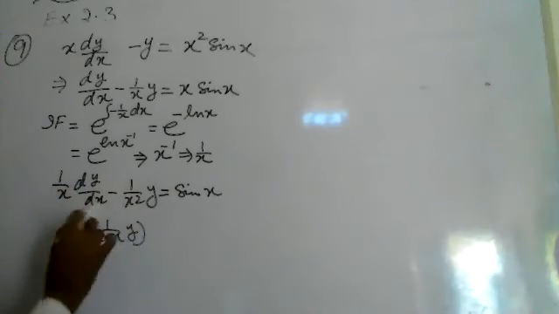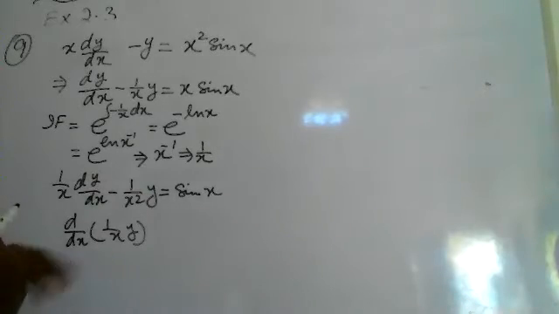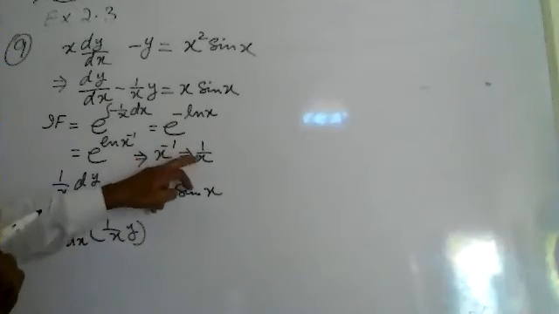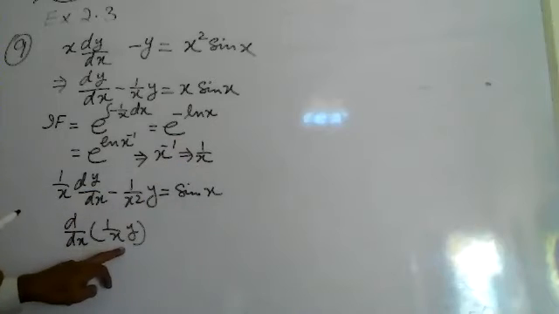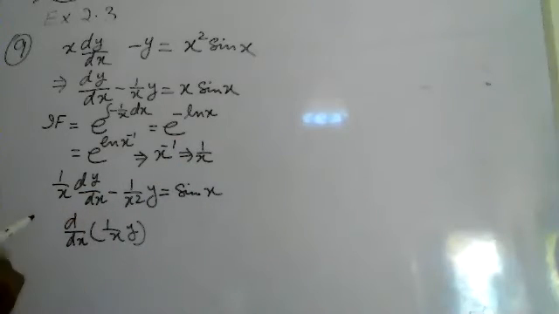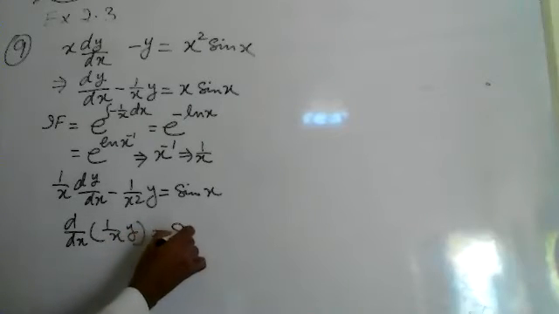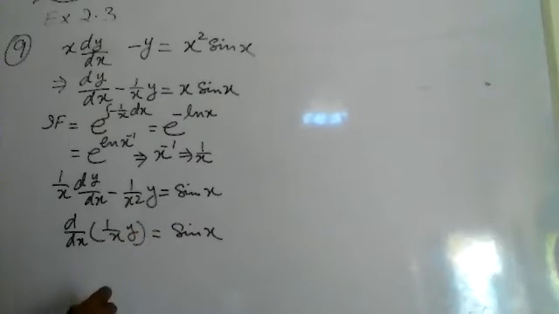Don't worry about the rest; you have to take only integrating factor into y. The whole derivative of 1 over x into y will be sine x, multiplied by dx.